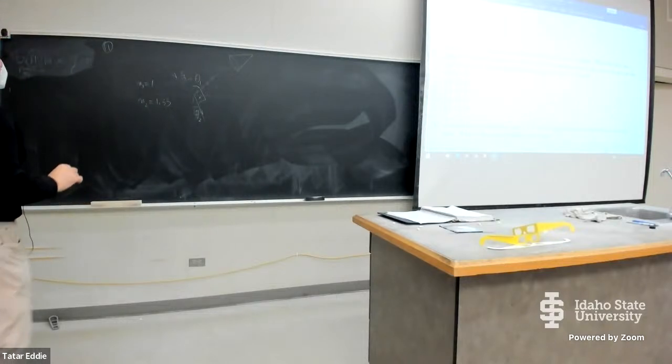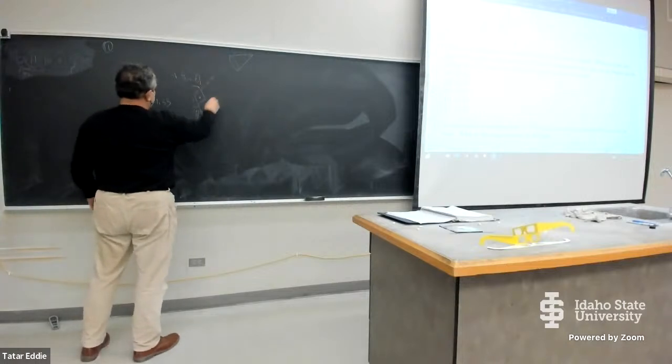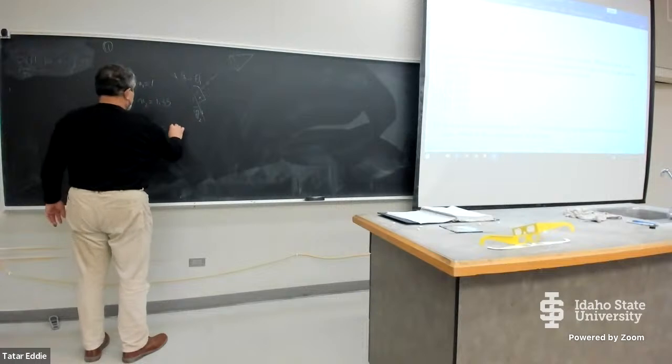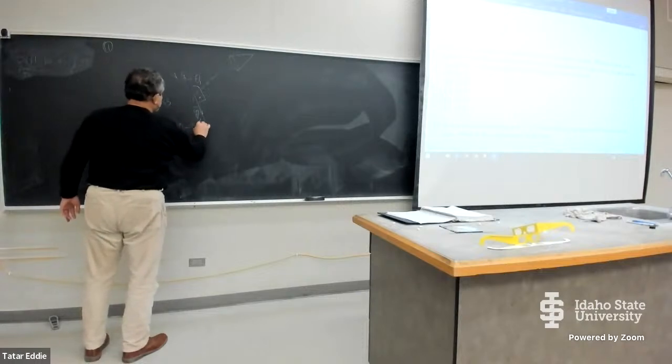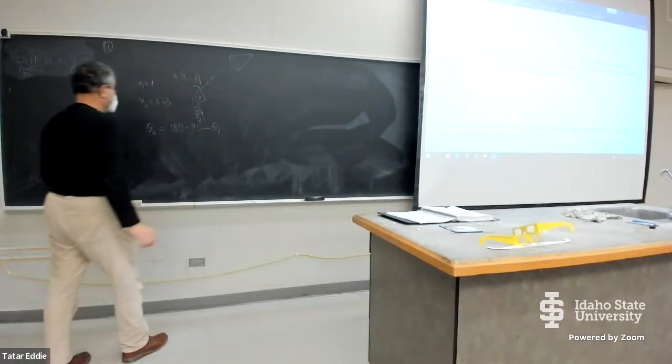From the geometry, theta 2 is equal to 180 minus 90 minus theta 1.